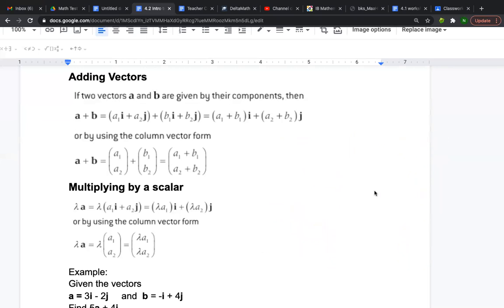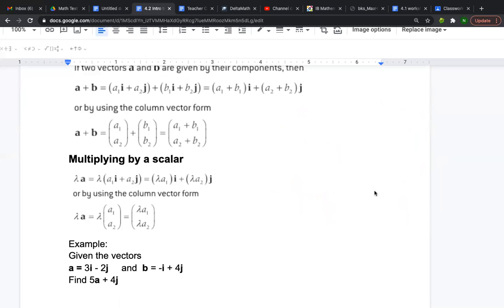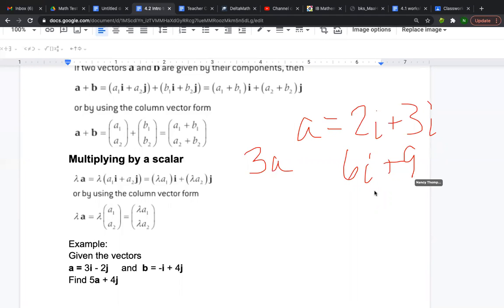Okay, multiplying by a scalar, super straightforward again. This lambda is representing a scalar, which is just a real number. So if I have 3a, where a is equal to 2i plus 3j, I would just multiply each of those numbers. So you could have 6i plus 9j.